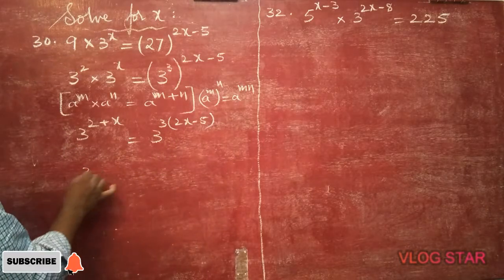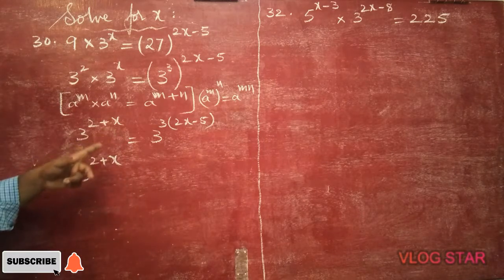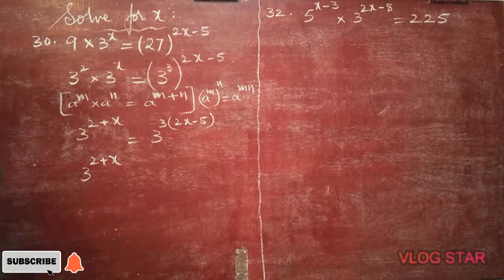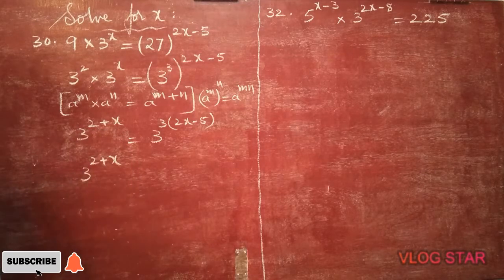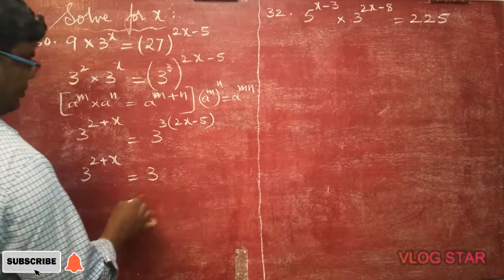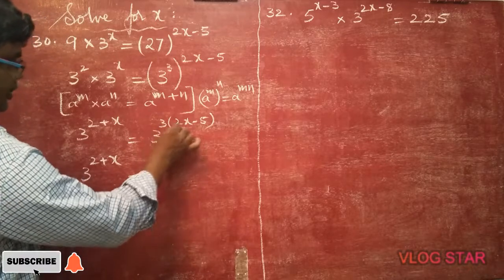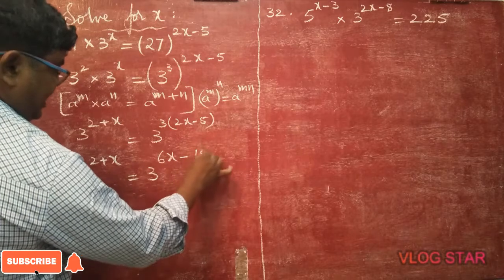Now 3 to the power of 2 plus x. First term, second term. Some will add here, 2 plus x is 2x. That is wrong. This is a numerical value, that is a variable. We can't. So that is equal to 3 to the power of multiply: 3 2s are 6, so 6x minus 3 5s are 15.